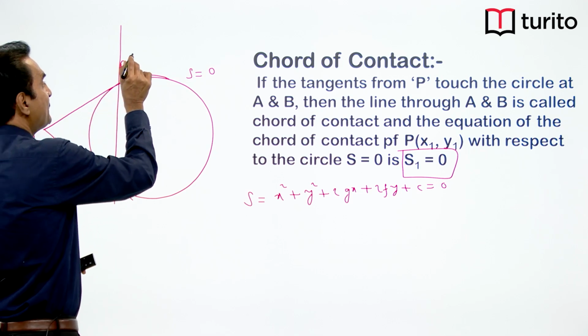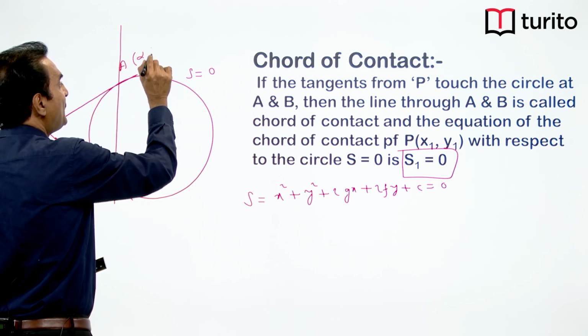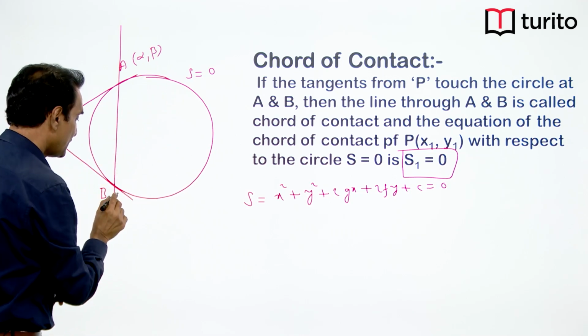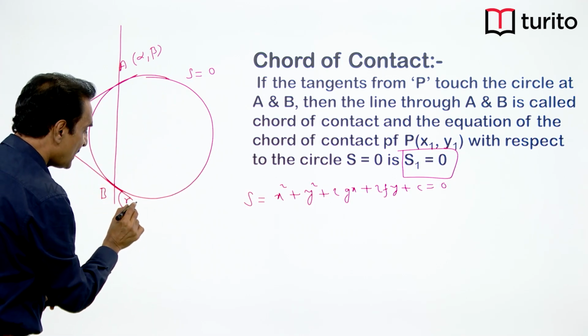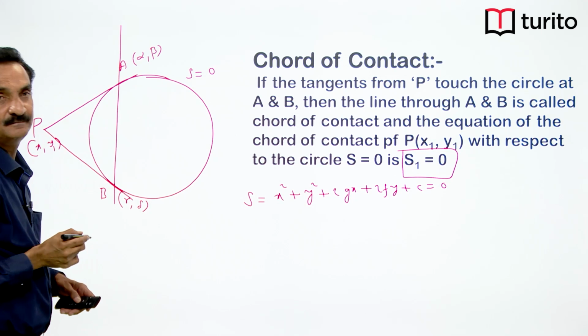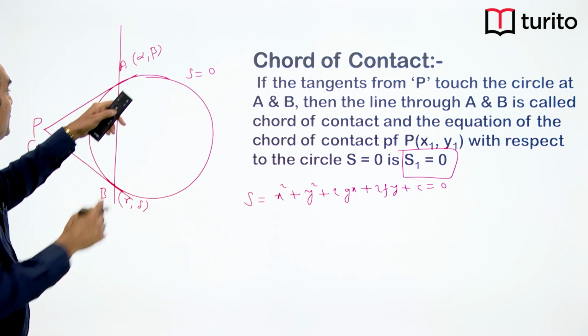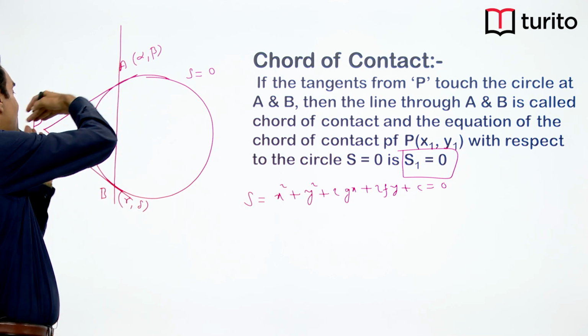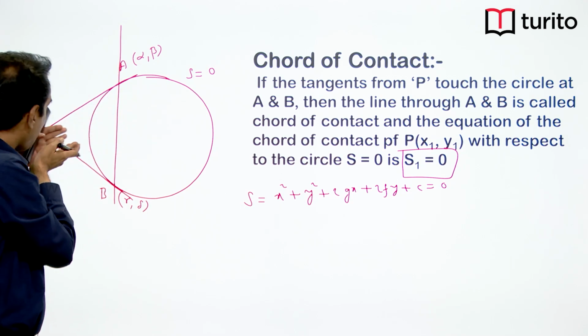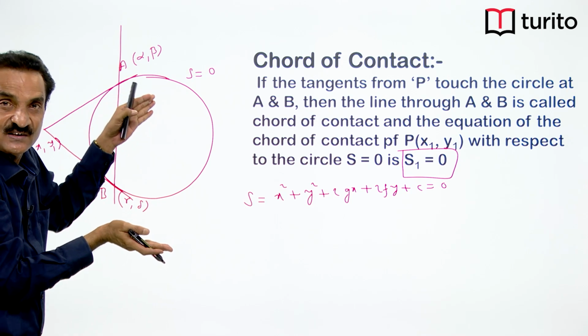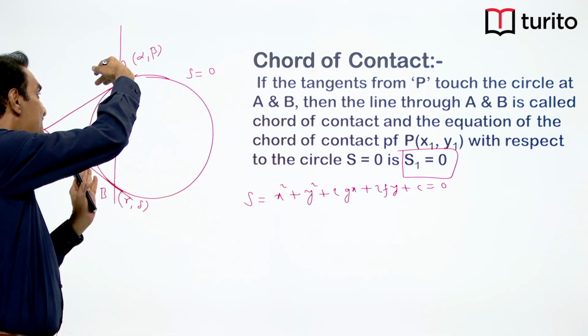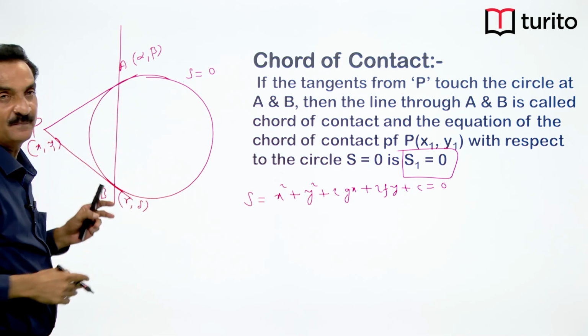Let us take A as alpha comma beta, B as gamma comma delta. Now tangents at A and B meet at P. Tangents from P to the circle touch the circle at A and B, or tangents at A and B to the circle meet at P.